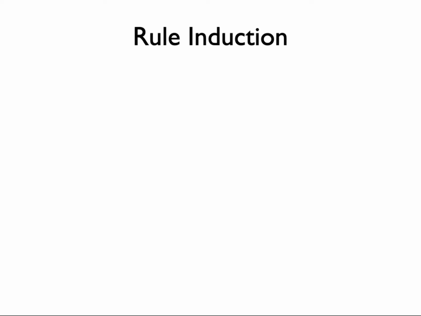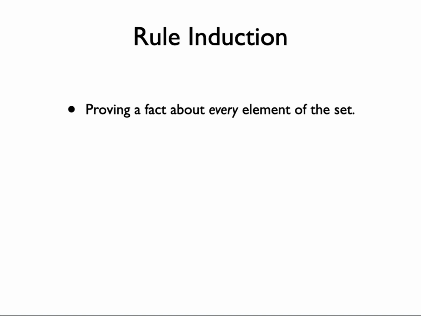Now, I'm wondering about this term rule induction. We use it at Cambridge. I don't know if it's used anywhere else. It just means induction with respect to an arbitrary set defined inductively. We use induction on an inductive definition when we want to prove that every element of the set that we've defined inductively satisfies a particular property.